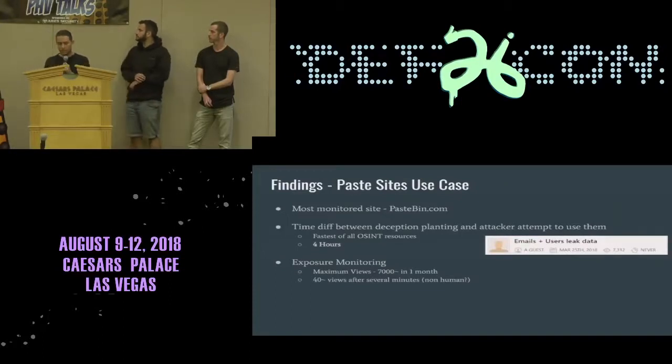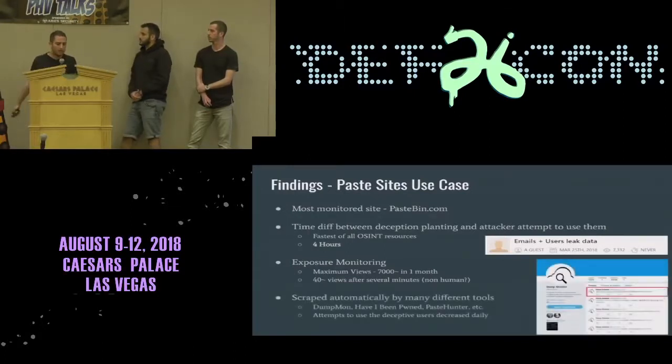We also noticed that every time we post, the paste gets 40 views after several minutes, probably by automatic tools which scrape these public sites, like Dump Monitor, Have I Been Pwned, and Paste Hunter. And our research showed that as time went by, attempts to use the deceptive user decreased drastically. So if you want to remain relevant, you should constantly post.